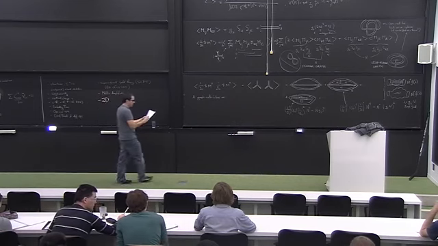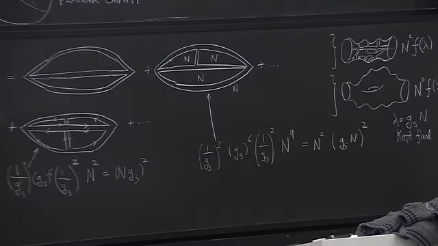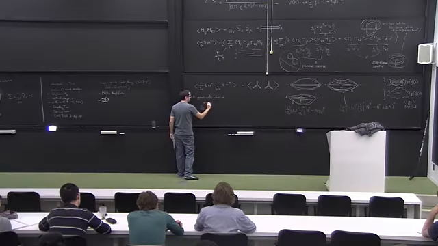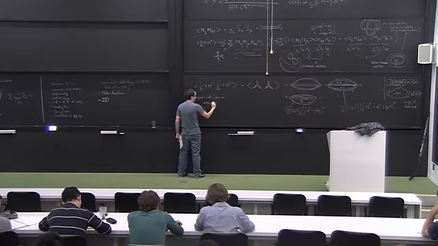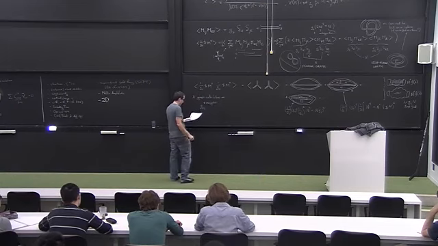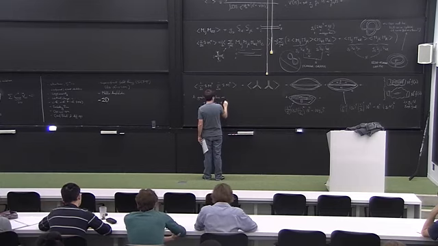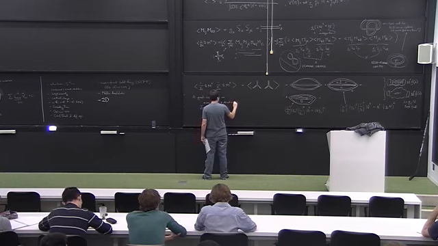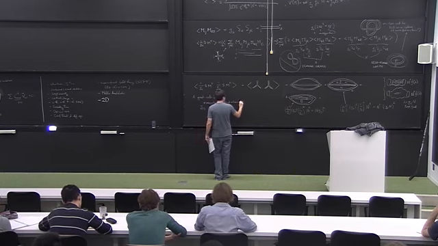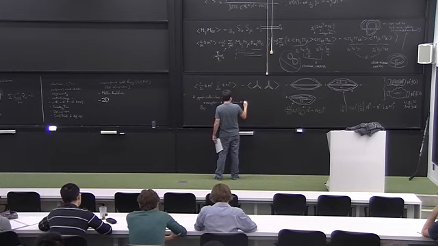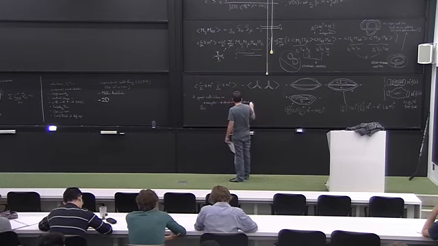So how does a graph contribute? We have G string to the power of the number of propagators, minus the number of internal vertices, since each vertex contributes with 1 over G, minus the number of external vertices, because external vertices we normalize in the same way as internal ones.